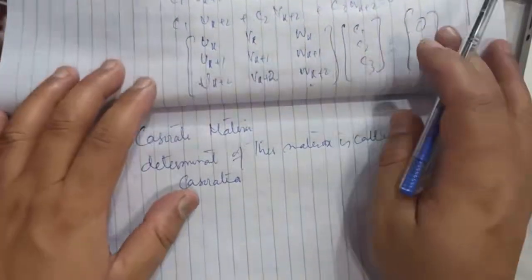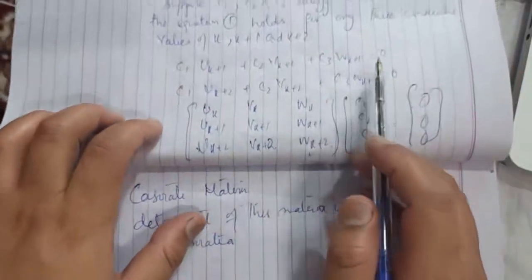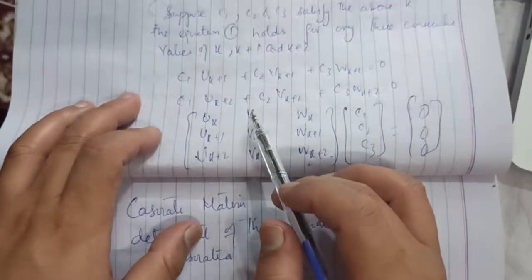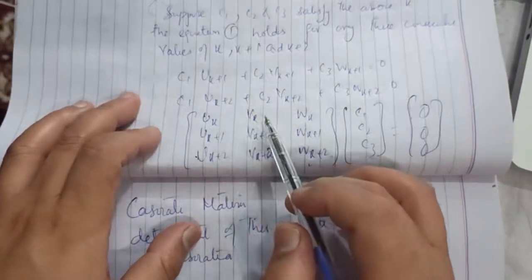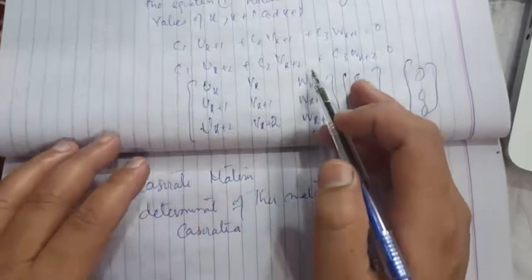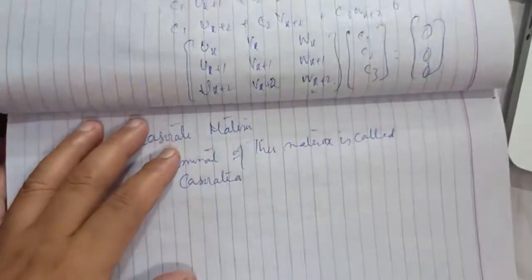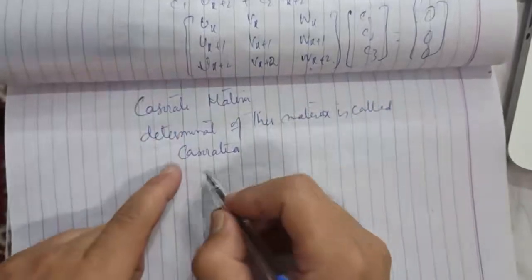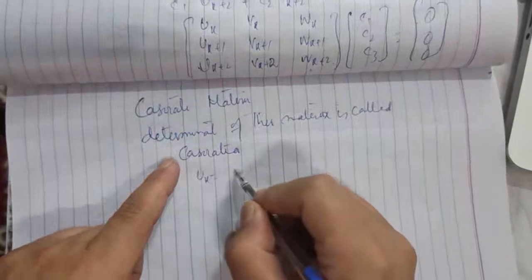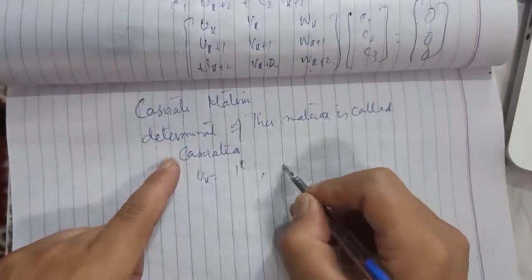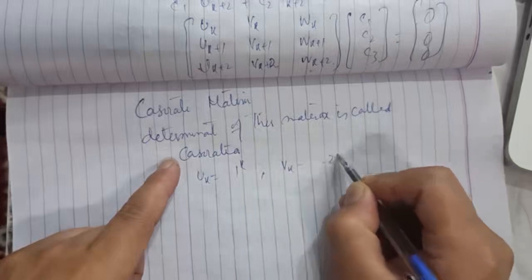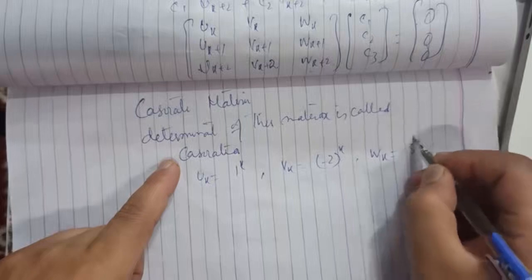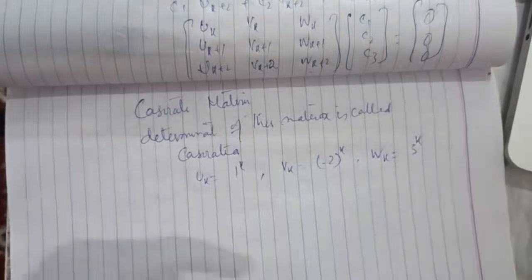Right. Now, if these vectors are linearly independent, which is true, it means this matrix is invertible, right? So we can show this. For example, if u of k is 1 to the power k, v of k is minus 2 to the power k, and w of k is 3 to the power k, are they linearly independent signals?